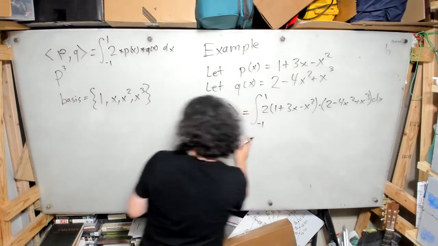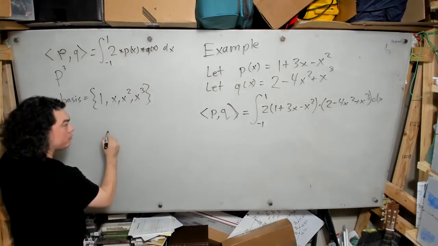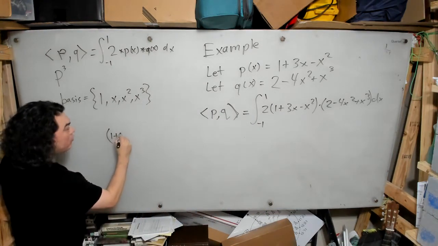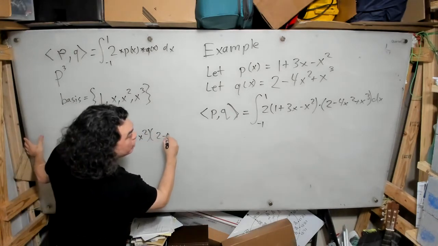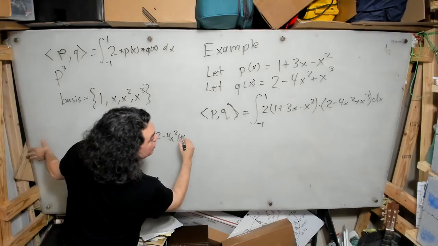Okay, let me do this product over here. So 1 plus 3x minus x squared, times 2 minus 4x squared plus x cubed.